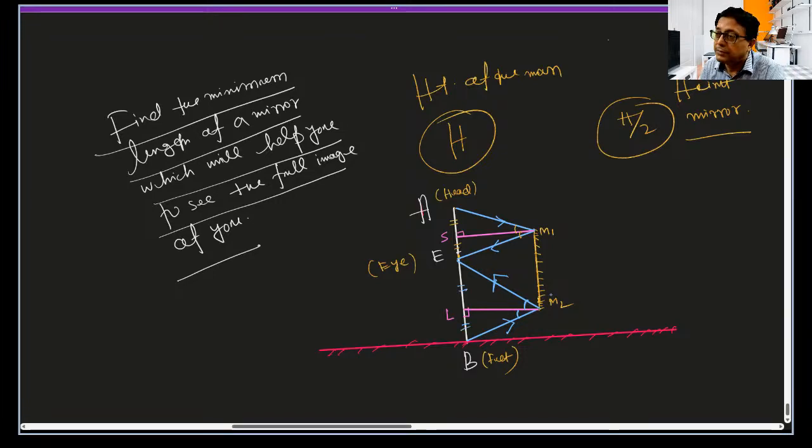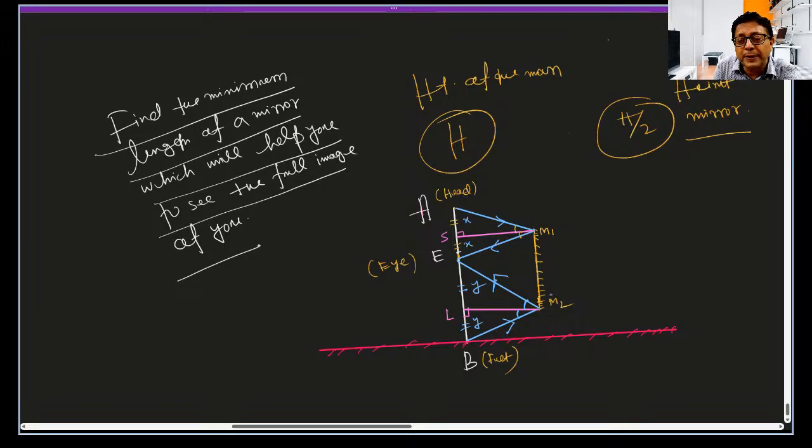Agree or not? Am I clear? So if I have taken this one as x, this will be x. If I have taken this one y, this is going to be y. Quite obvious. You are a class 12 student. I need not explain more.